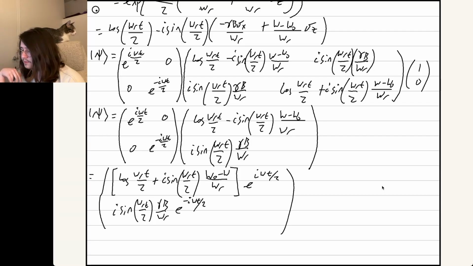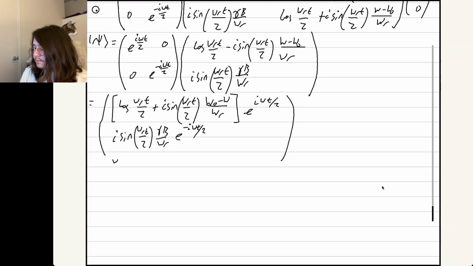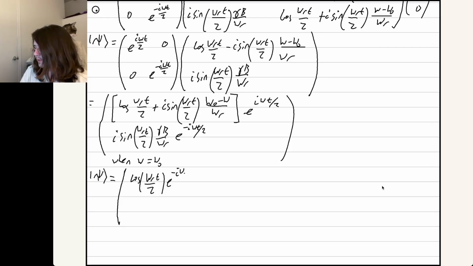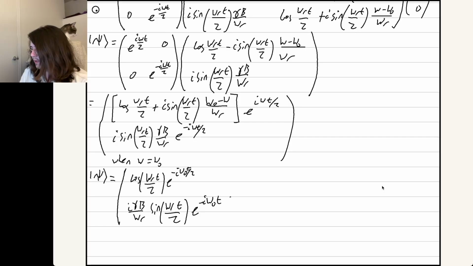So that part of the proof is done, and as if this problem didn't have enough going on, we now have to see what happens when omega is equal to omega naught. In that case, the time-dependent state vector, very simply, is just the cosine of omega r t over 2 times e to the I omega naught t over 2, and I gamma B over omega r sine omega r t over 2 times e to the minus I omega naught t over 2.